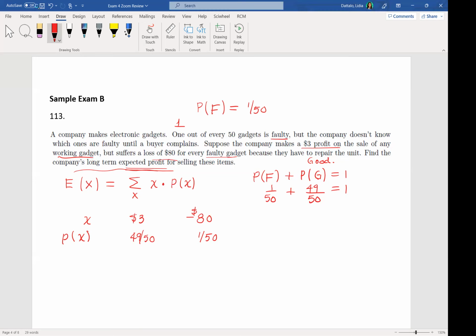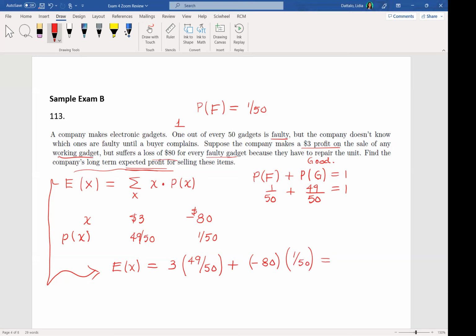Okay, so now that we have this, we're going to put the formula to work. My expected value: I take the first X of $3, times the probability of X, which we said is 49 over 50, plus you lose $80, times the probability of a faulty one, which is 1 over 50.